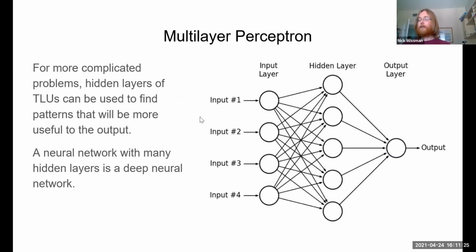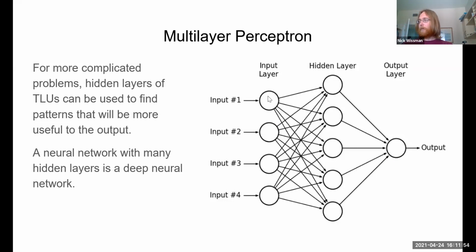And then, to make a full network, you can just stack layers on top of each other. A single layer perceptron, like I said, has a single layer, one for each output. But just the simple weighted inputs don't necessarily produce a viable output for really complicated models.